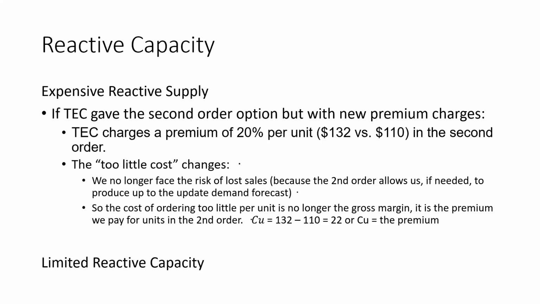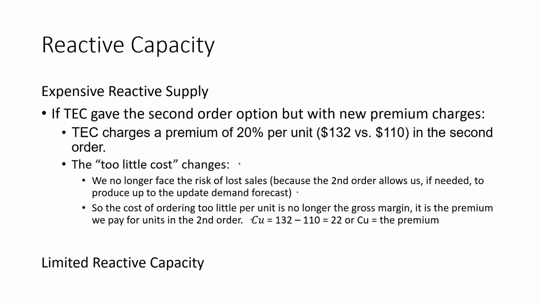So you can order everything in the first order, or not order anything in the first order, but in the second order you know your customers' demand, so your order quantity is the same as your demand. Does that make sense?